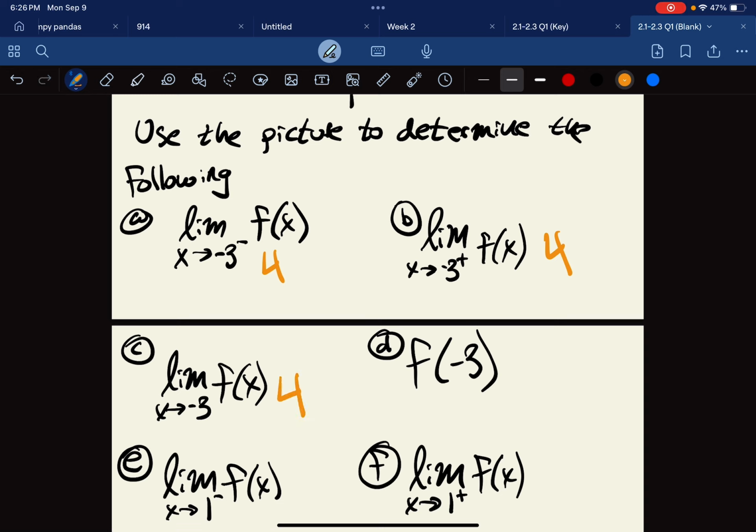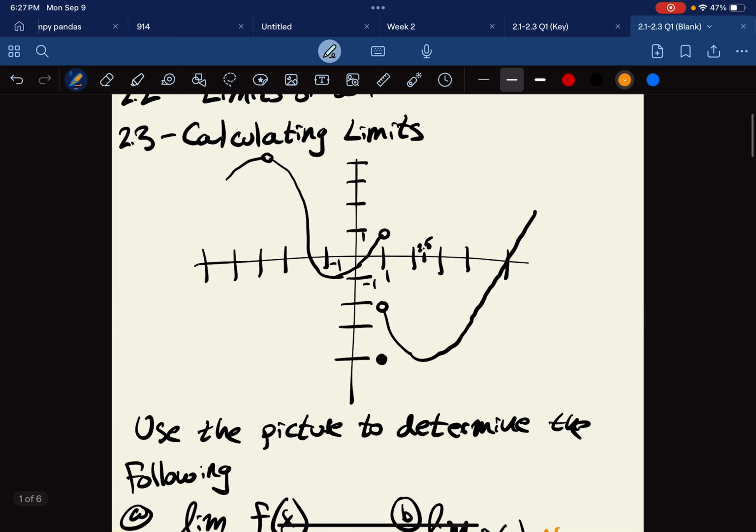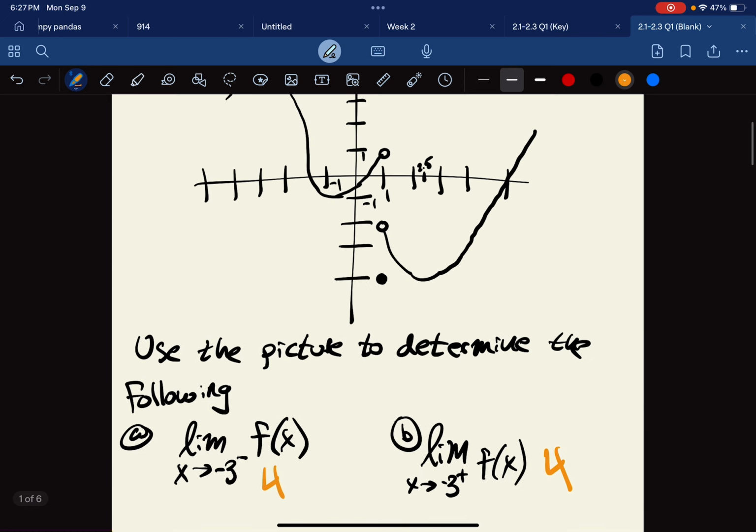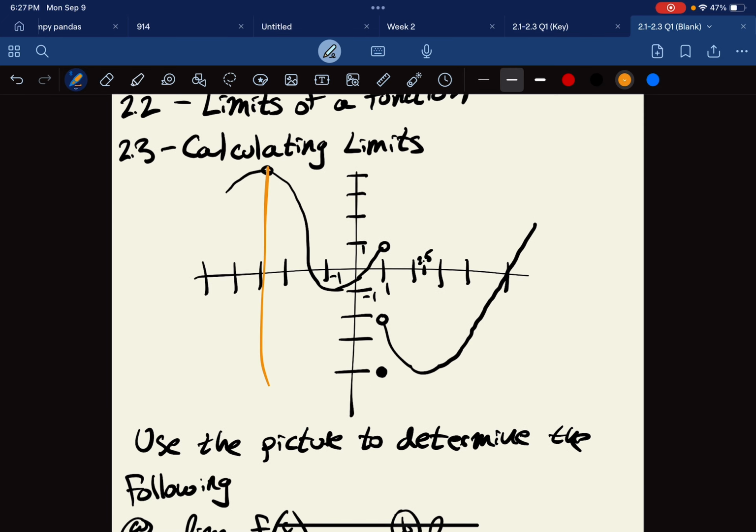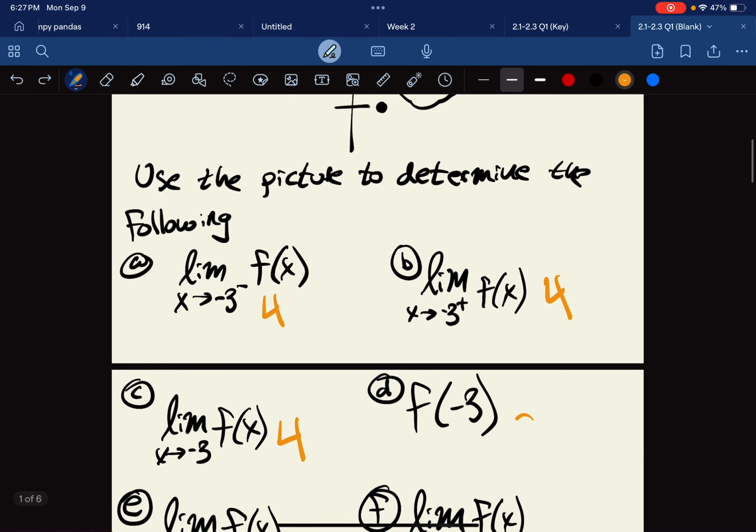So our limit would be 4 at that point. So now for the value at that point, unfortunately, there is no value at this point because there is no closed dot. If there's just an open dot and there's no closed dot, we have no value. So we would just say DNE.